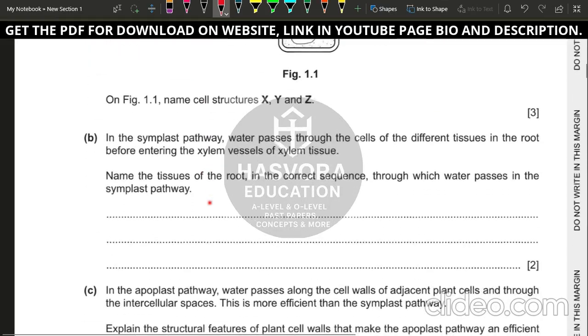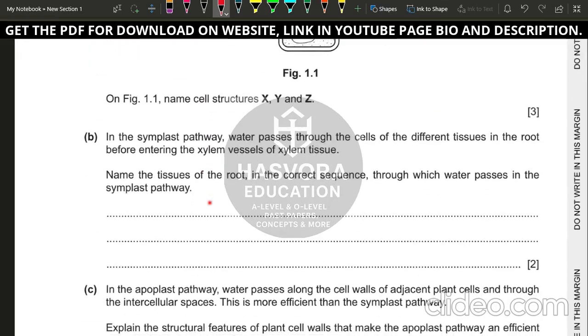Let's move on to the second part. So in the symplast pathway, water passes through the cells of the different tissues in the root before entering the xylem vessels of the xylem tissue. So we know that first of all, when the water is absorbed from the root hair cells, it moves to the epidermis, then into the cortex cells, and then into the endodermal cells, and then through the Casparian strip, where we have actually the hydrophobic layer, after which some of the materials are selected, and then it passes to the xylem.